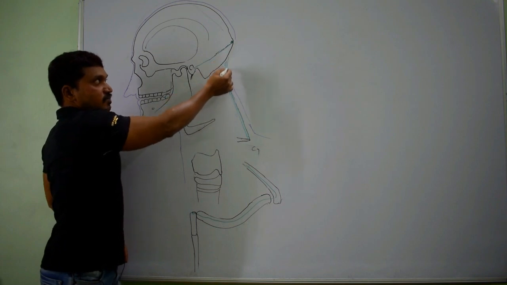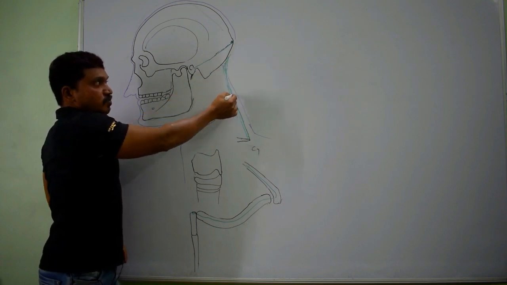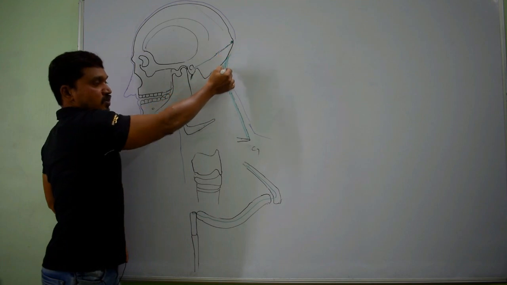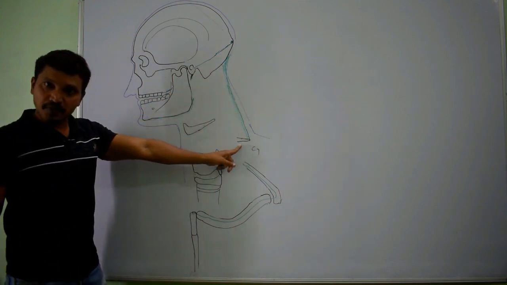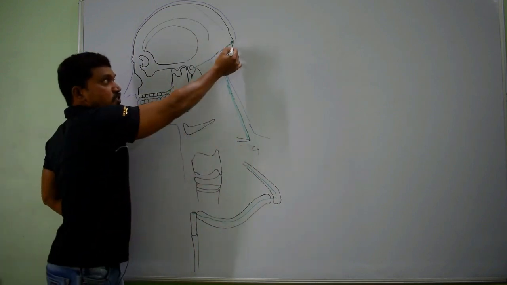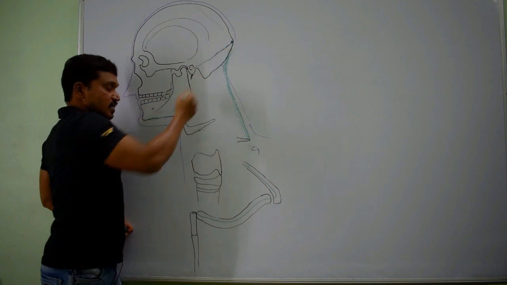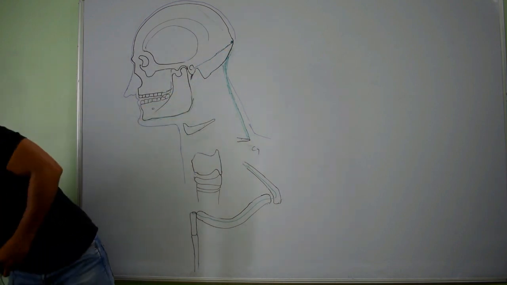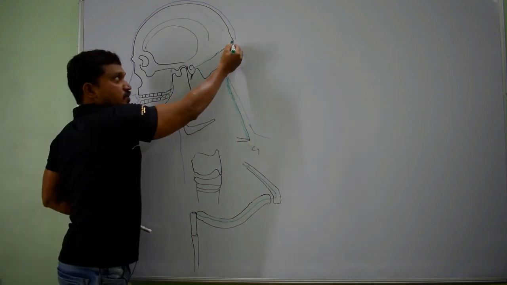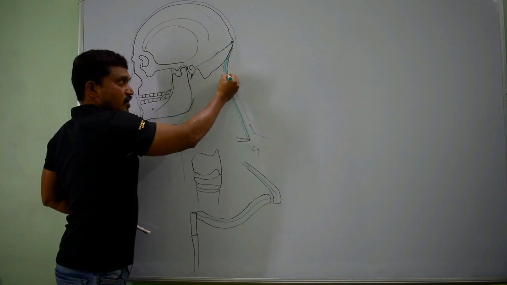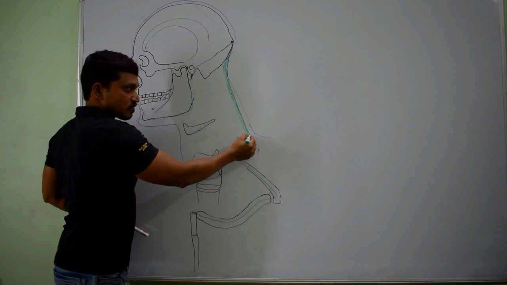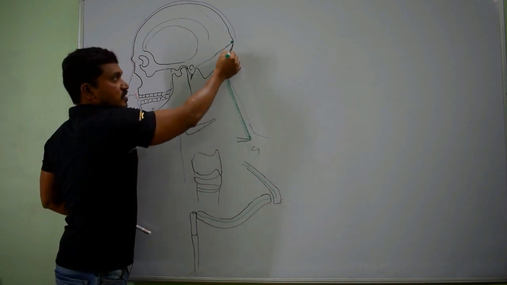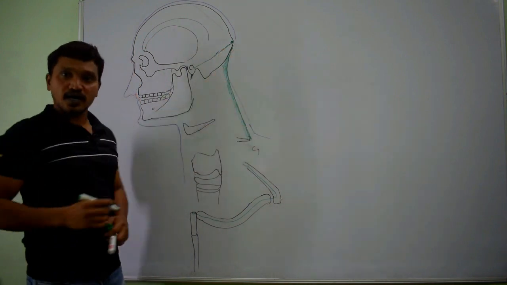It is extending from the external occipital crest and external occipital protuberance to the spine of C7, that means the spinous process of the 7th cervical vertebra. So, posteriorly, it is attaching and extending from the external occipital protuberance and ligamentum nuchae, then the spinous process of the 7th cervical vertebra. These are the posterior attachments.